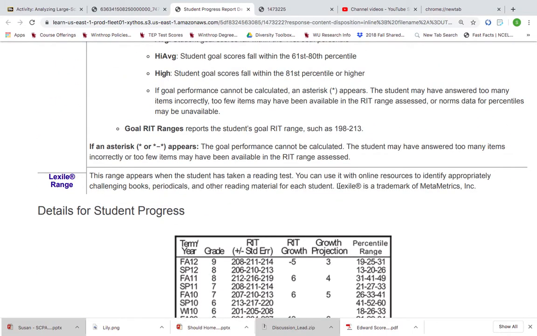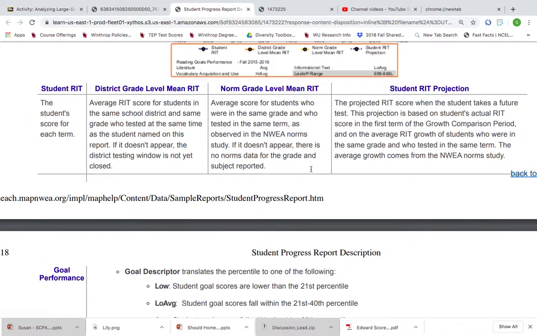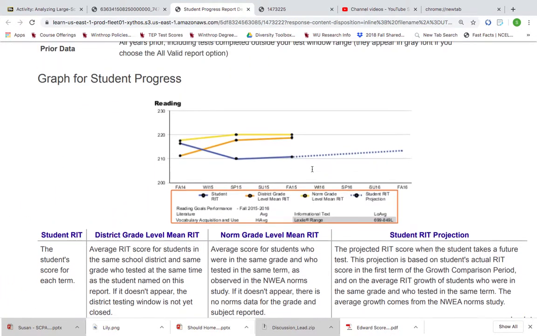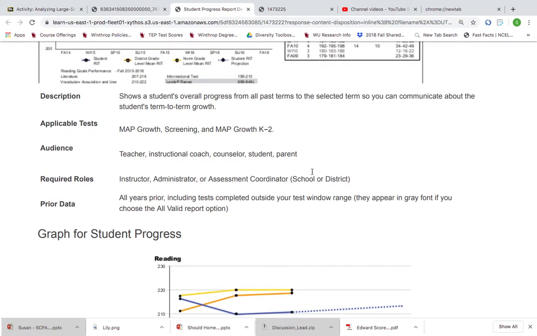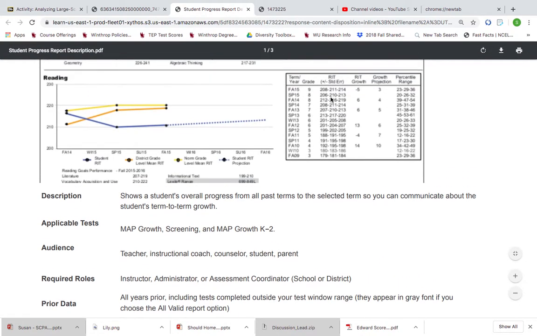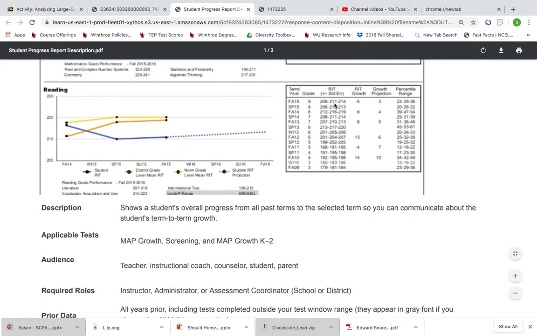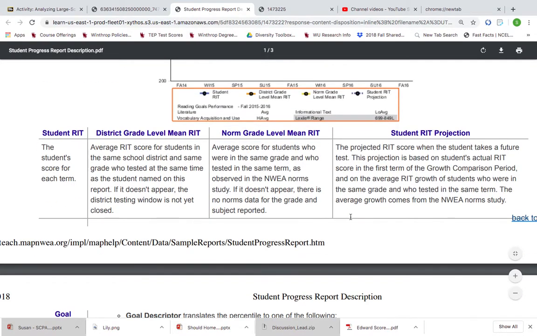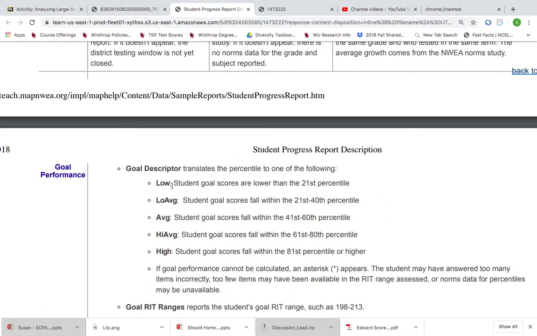Now I'm awkwardly pausing because, again, guys, this is going to happen. Wait a second, I don't have my nice little chart that I'm used to. Well, what other data do I have? So fall 2015, his score was 211, and his percentile was the 29th percentile. So let's see if I can get anything about this percentile. All right, here we go.